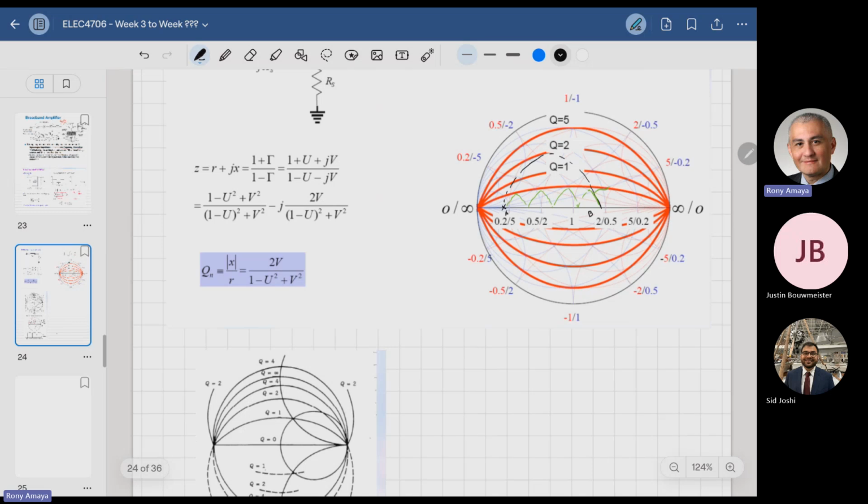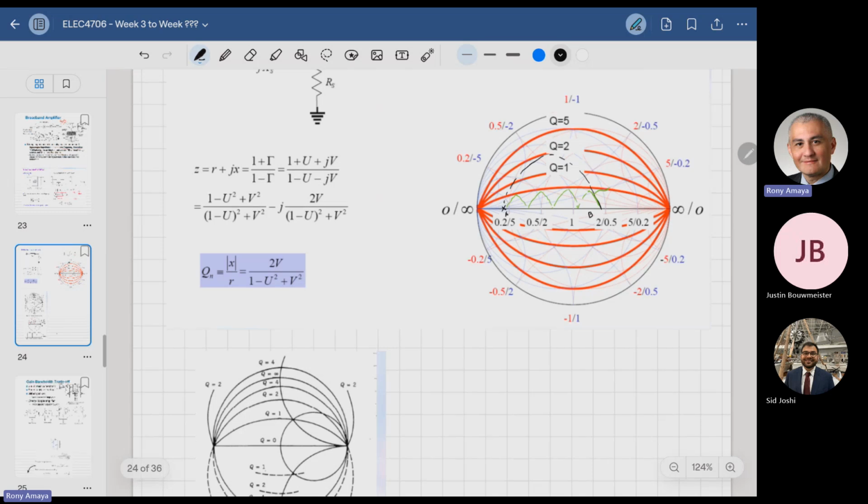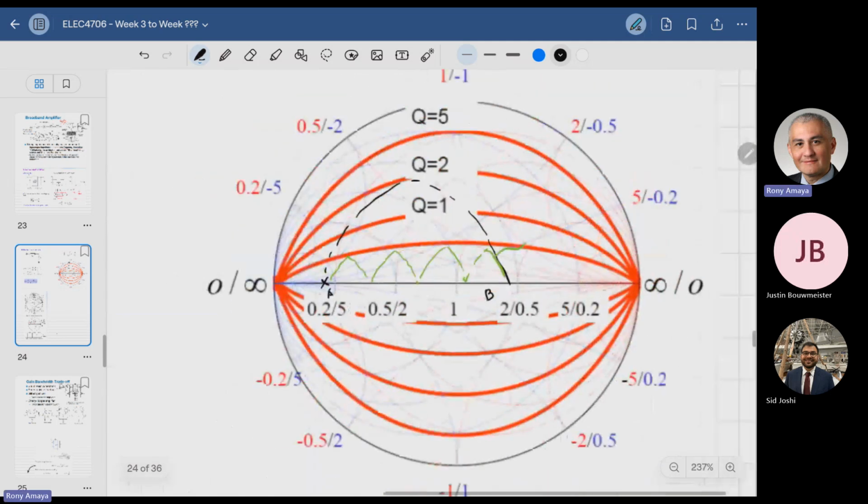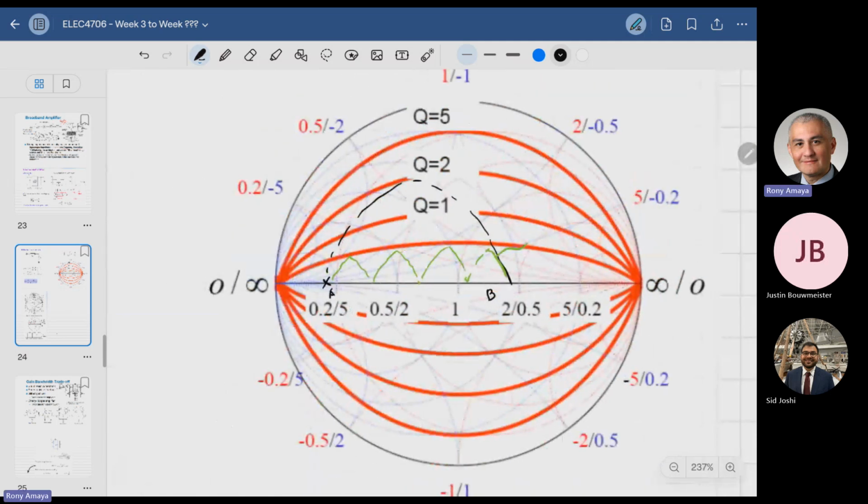But the question is, if I have to go from point A to point B, you can see that depending on the maximum Q that you are allowed, you're limited to within the circle. So when you're doing impedance matching, each one of those will be a component, right?